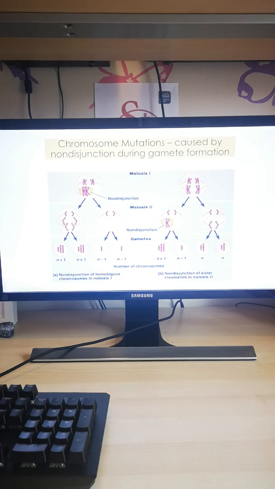Now these chromosome mutations mean that if these gametes were to fuse with normal gametes during reproduction, sometimes we're missing chromosomes, and in other cases we have more of a particular chromosome than is required.